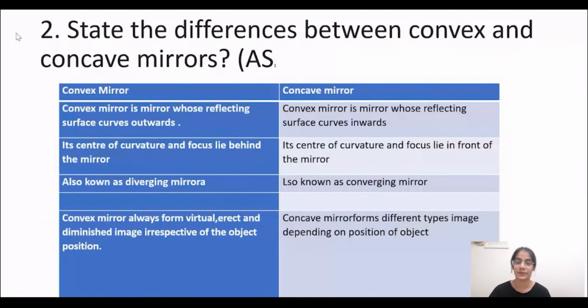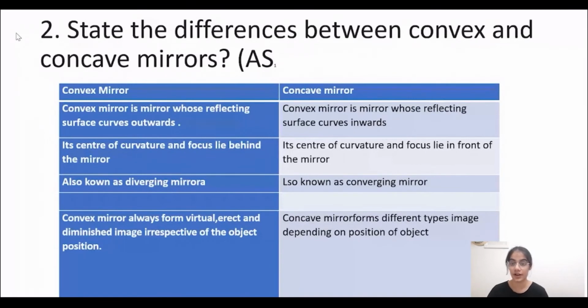State the differences between convex and concave mirrors. We have discussed a lot of times while discussing basic definitions of spherical mirrors that a convex mirror is a mirror whose reflecting surface curves outwards, while a concave mirror is a mirror whose reflecting surface curves inwards. Center of curvature and focus both lie behind the mirror in case of a convex mirror.